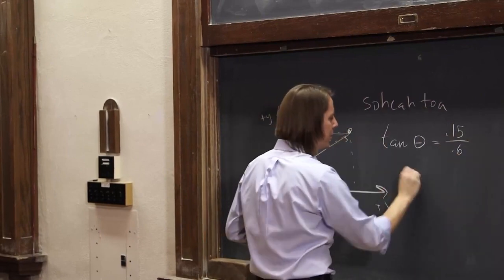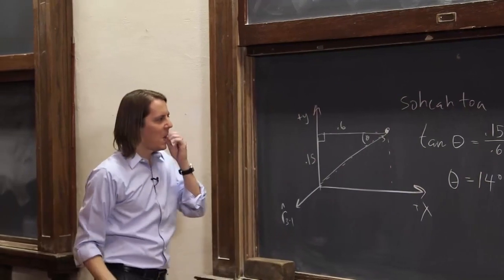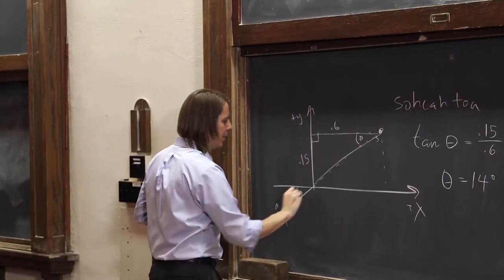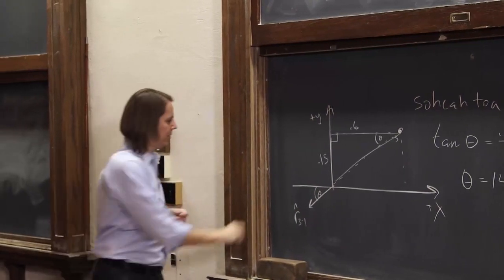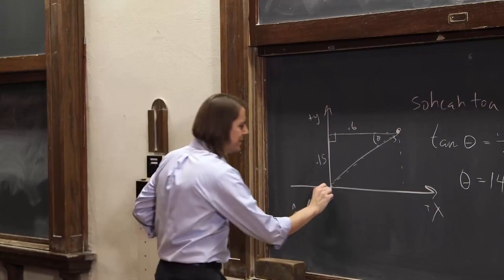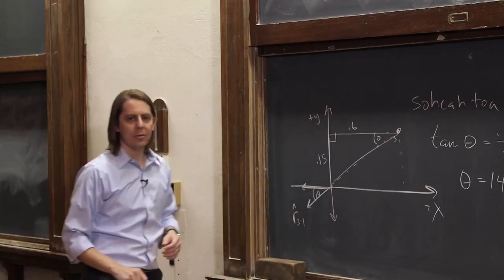So if you throw that in your calculator, theta is about 14 degrees. Okay. So that theta is the same as that theta. This is still the x-axis. So now we can break it into components, and you can see that it's going to have a negative y component and a negative x component.